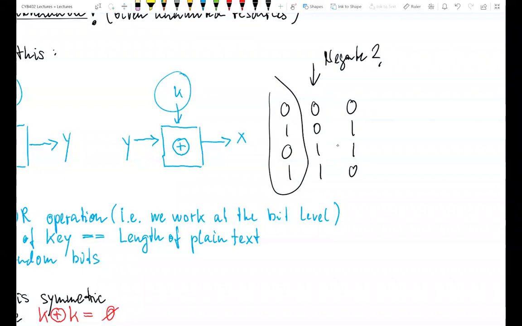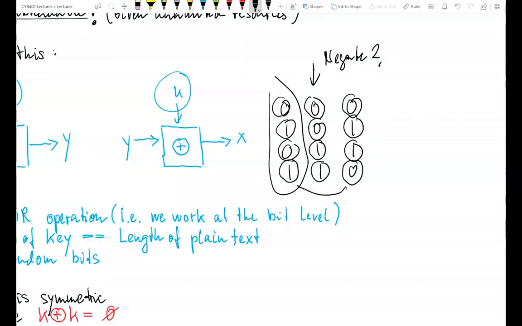So when you look at the XOR operation that way, we ask, do we want to negate that 0? No, so we get a 0. Do we want to negate this 1? No, we get a 1. Do we want to negate this 0 here? Yes, so we get a 1, we negate the 0. And the same thing is true here. Do we want to negate this 1? Yes, so we get a 0, which is the negated 1.